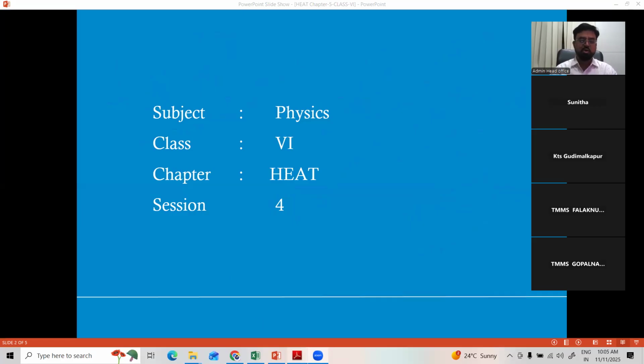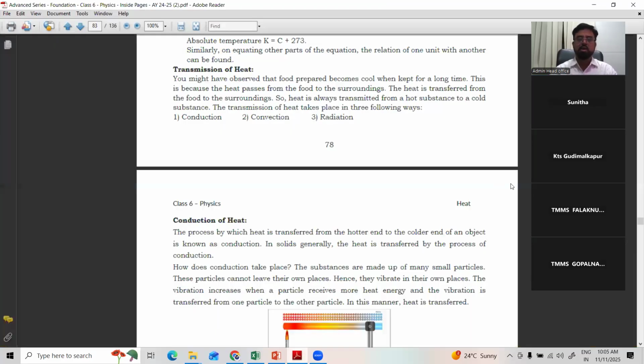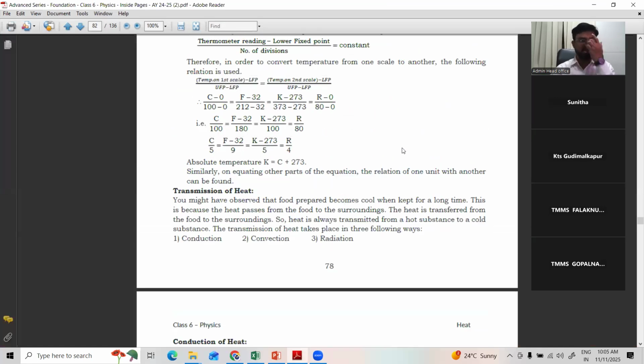Now, what are we going to learn today? After completing the relationship between the various thermometer scales, C by 100 is equal to F minus 32 by 180, we simplify it by cancelling.